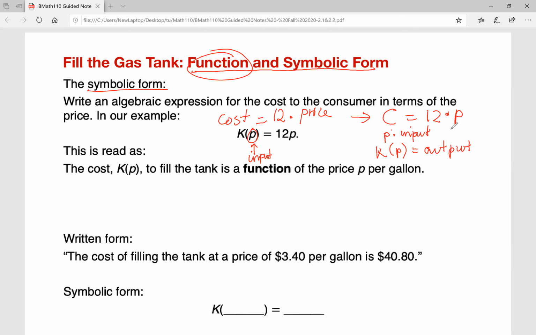All right, so don't confuse it with multiplication here. It actually means the cost in the case that the input is p. So this is read as the cost K(p) to fill the tank is a function of the price p per gallon. Right, it is a function of the price.